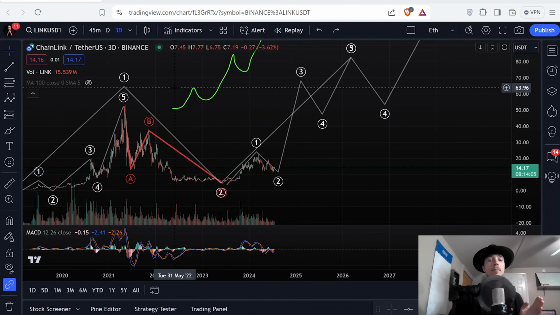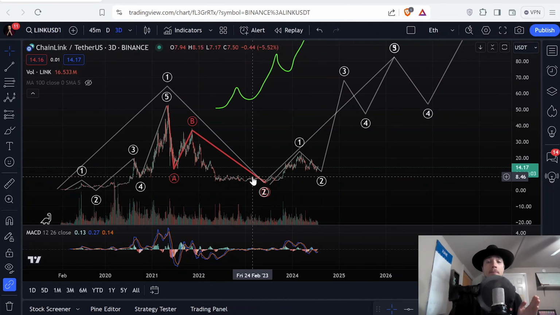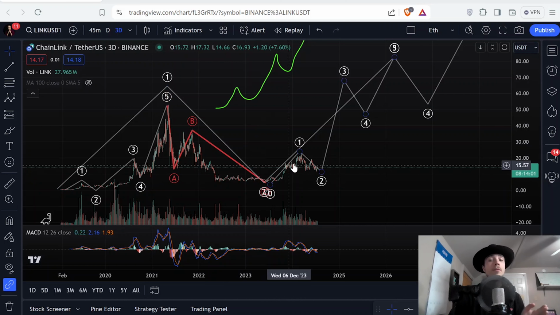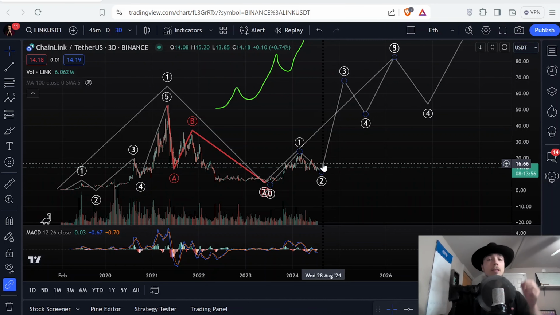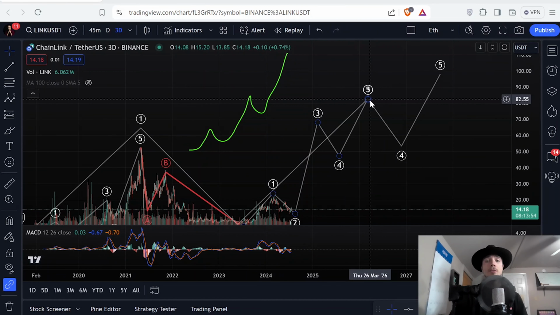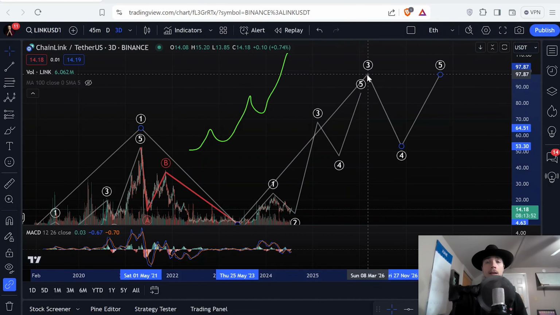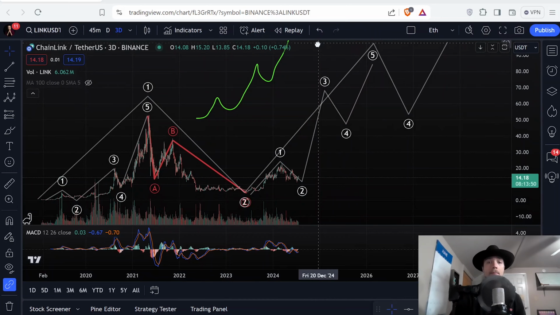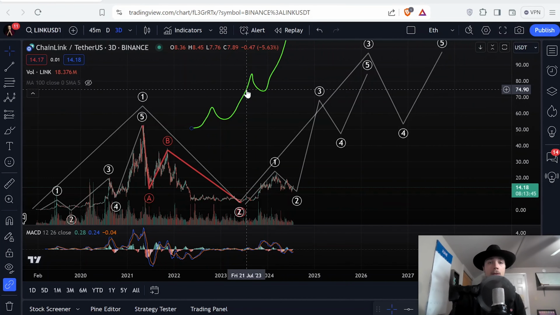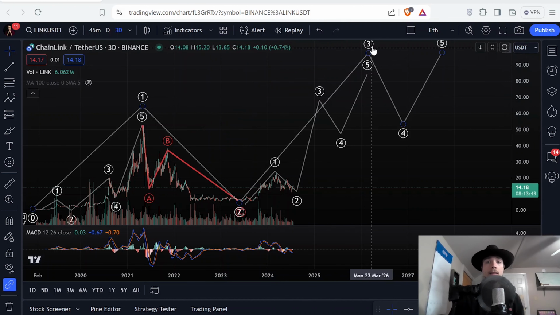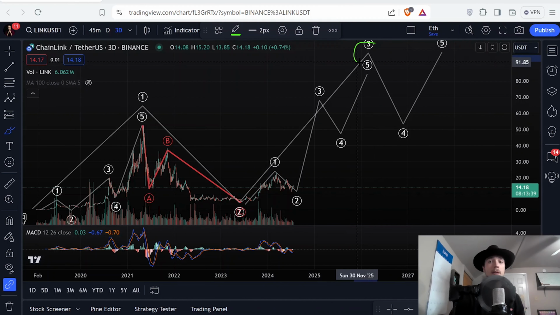So that's kind of what I'm expecting here with Chainlink, is that we get a very vertical move as we break out for wave 3, both the subwave 3 and the big picture wave 3 up here, right? Big picture wave 1, big picture wave 2, and big picture wave 3 is going to be up here somewhere. Wherever it stops, nobody for sure knows, but it has to at least go to the 1618.